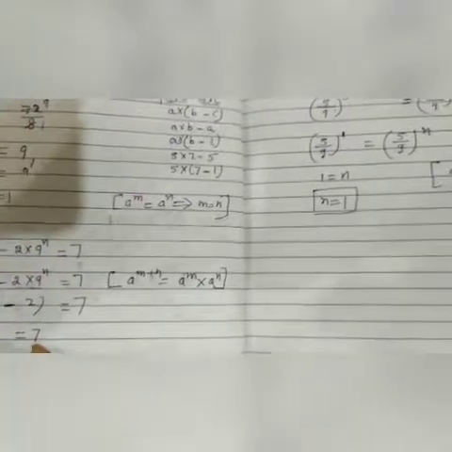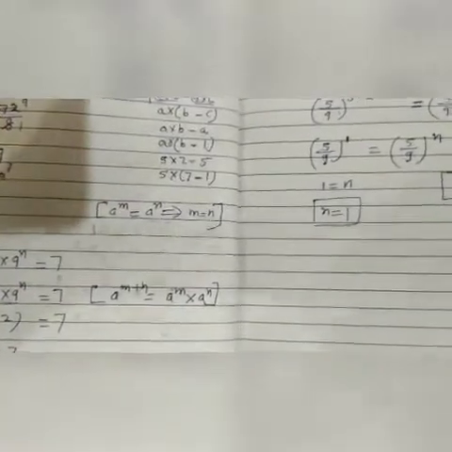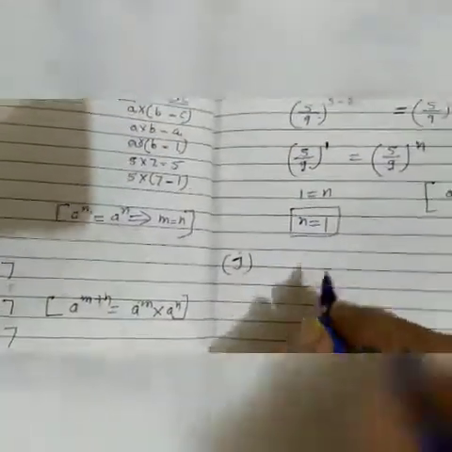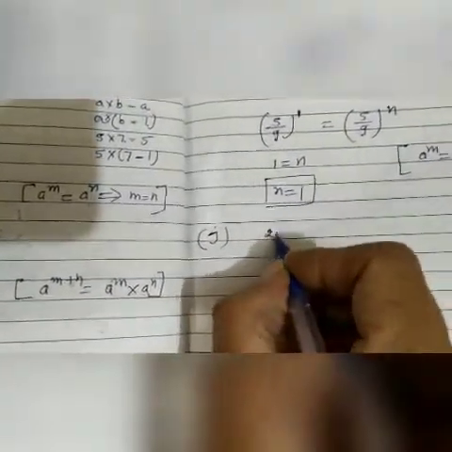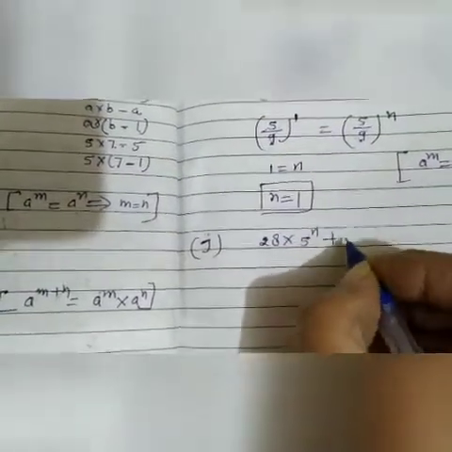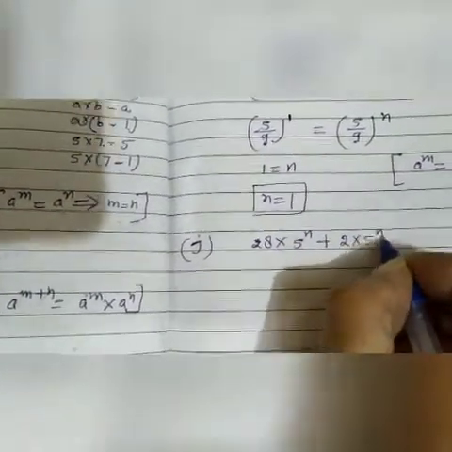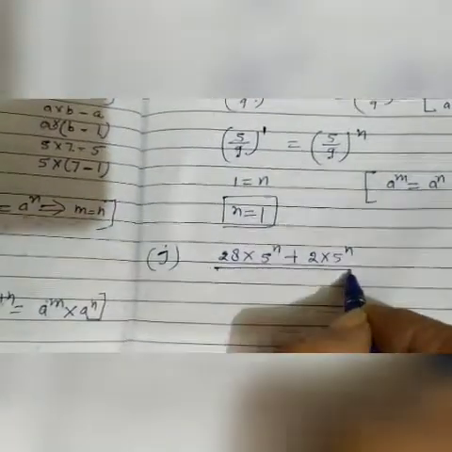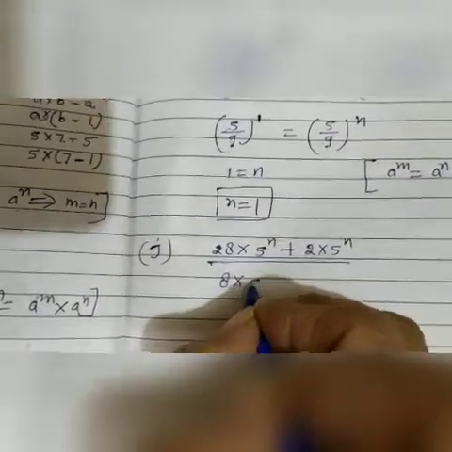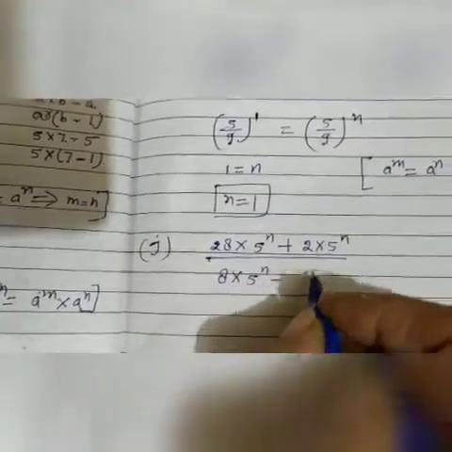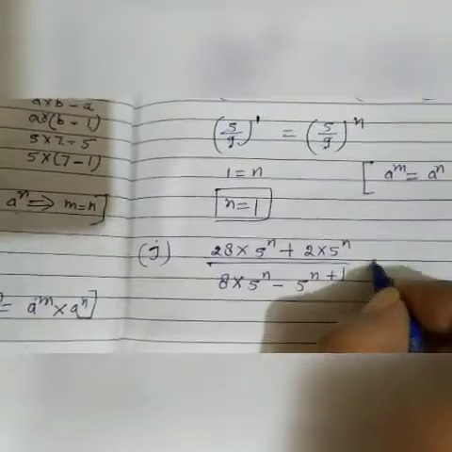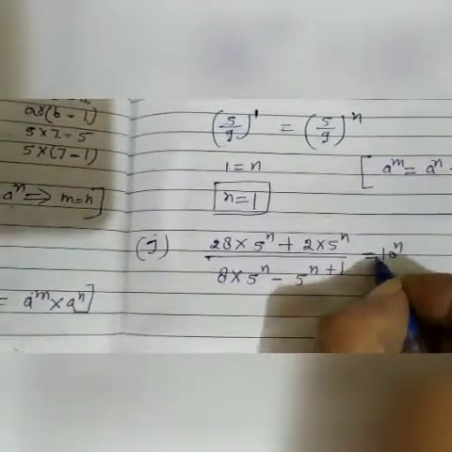After this, I am leaving the I part. Now we will do J. I am leaving the I part. J is (28 into 5^n plus 2 into 5^n) upon (8 into 5^n minus 5 into 5^(n+1)) is equal to 10^n.